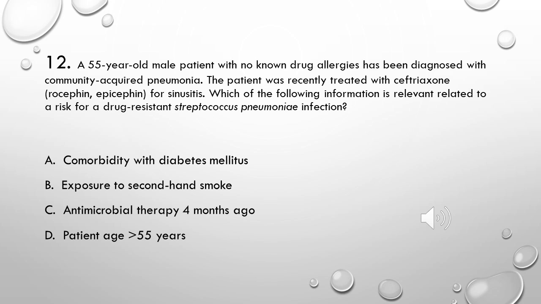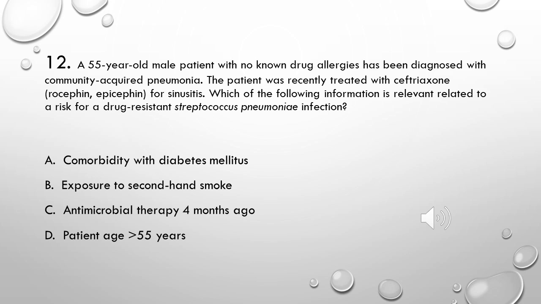Other risk factors for drug-resistant Staphylococcus pneumoniae, acronym DRSP, D as in dog, RSP, include, but are not limited to, patient age greater than 65 years and the use of an antimicrobial within the past 3 months. While smoking may contribute to risk, there is no evidence related to exposure to secondhand smoke.